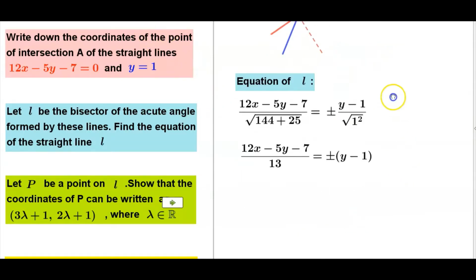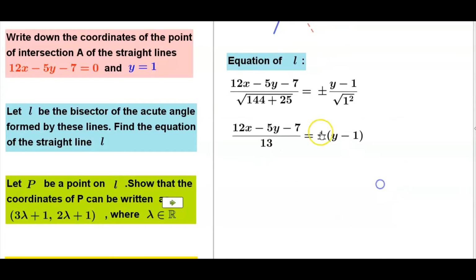When we simplify this, (12x minus 5y minus 7) over square root of (144 plus 25), that is 169, the square root is 13, equals plus or minus (y minus 1).